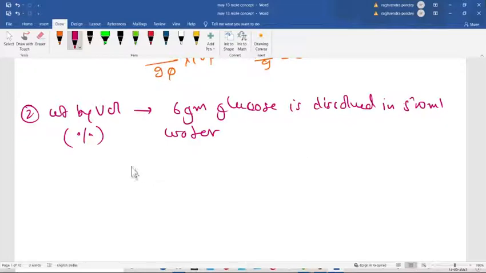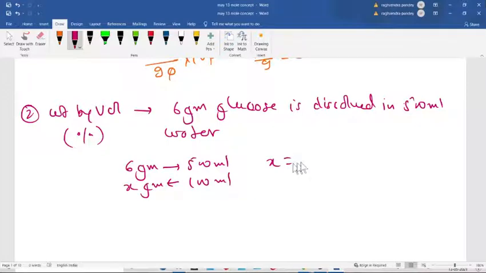Suppose 6 gram is dissolved in 500 ml. To find the percentage I should know how much gram is dissolved in 100 ml. So that is 6 into 100 by 500, which is basically the percentage. That is your 6 by 5. So this is your weight by volume percent.